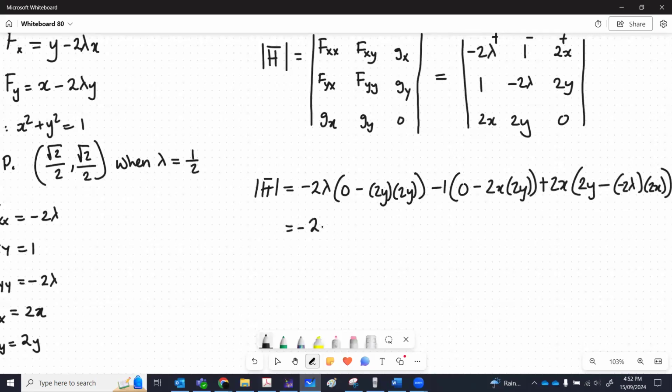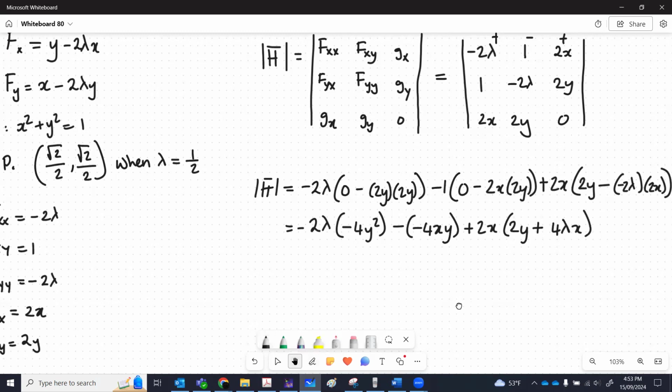So we have minus 2 lambda times negative 4y squared, then minus 4xy, then we have 2x times 2y. Negative and negative will give us positive 4 lambda x.